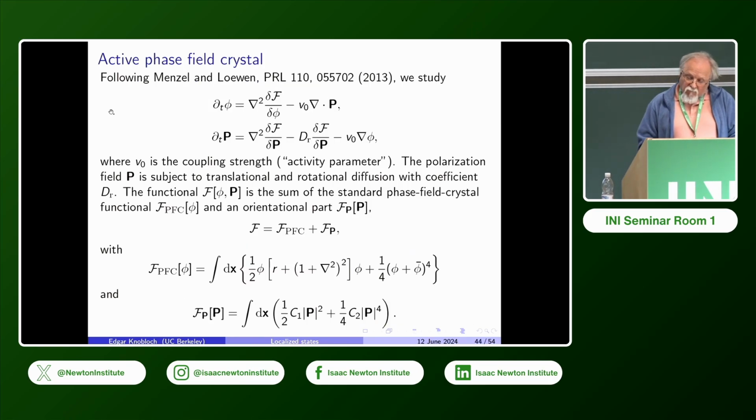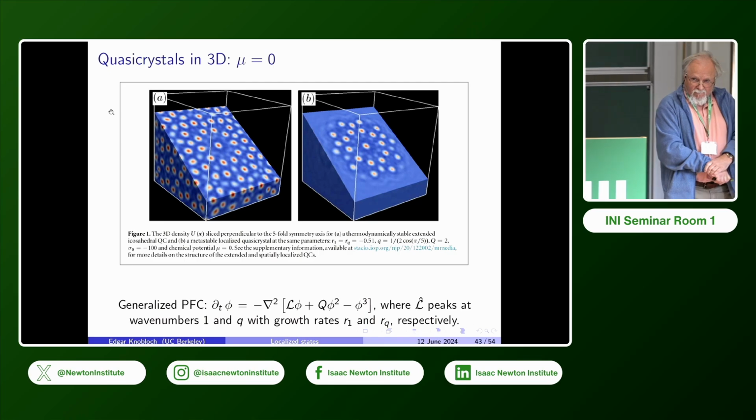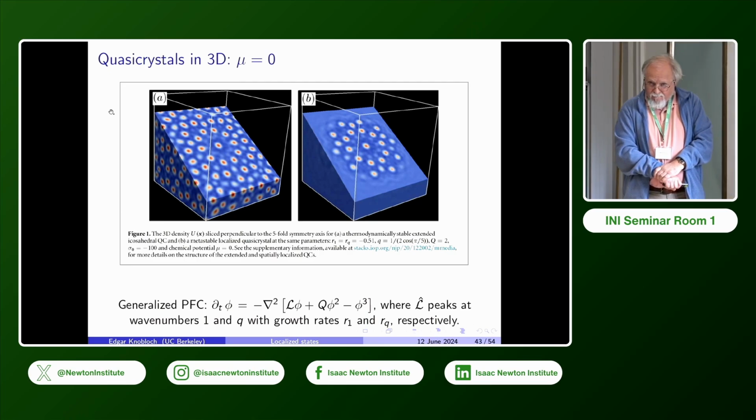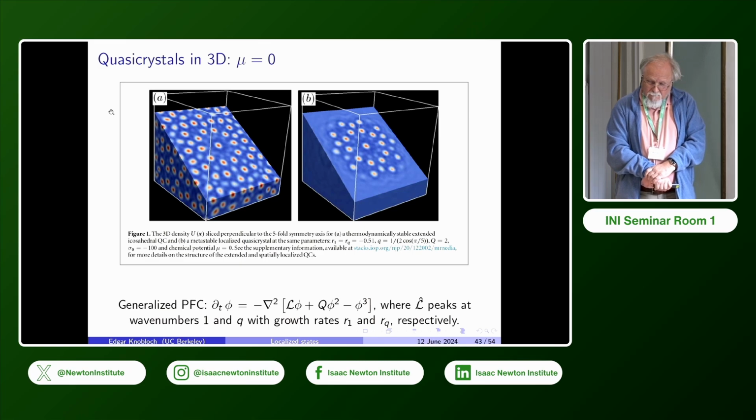There's one small question about quasicrystals. Yes. If you took just the Swift-Hohenberg functional as it is, Mermin and Troian, 40 years ago, found a quasicrystalline minimum for that on its own.